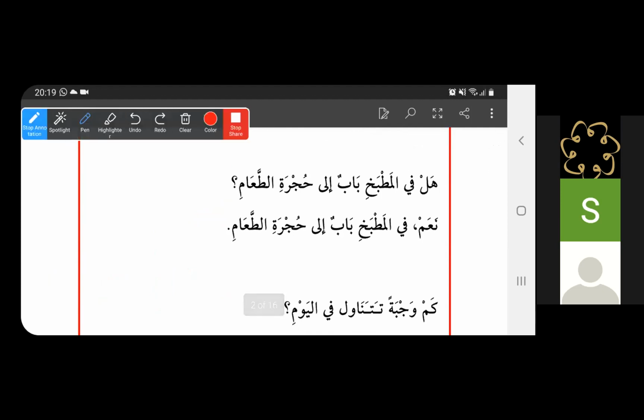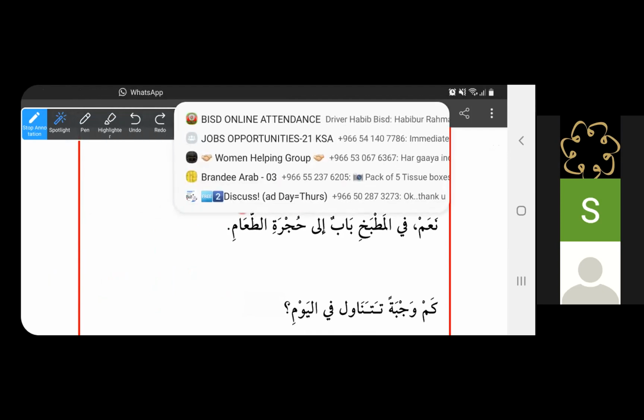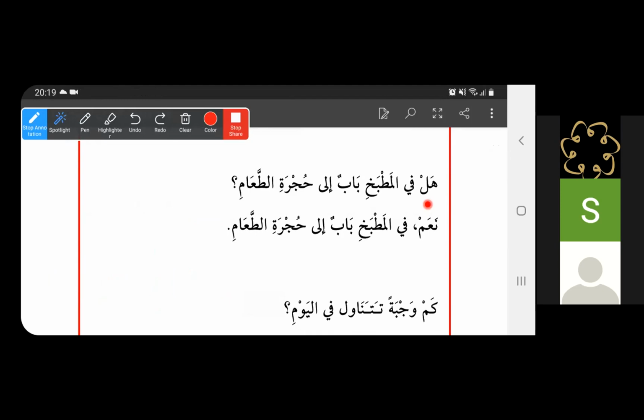نعم يا سدرة. The next question. هل في المطبخ باب إلى حجرة الطعام؟ أحسنتي. Is the door of the kitchen near the حجرة الطعام? The حجرة is the room and طعام is the food.